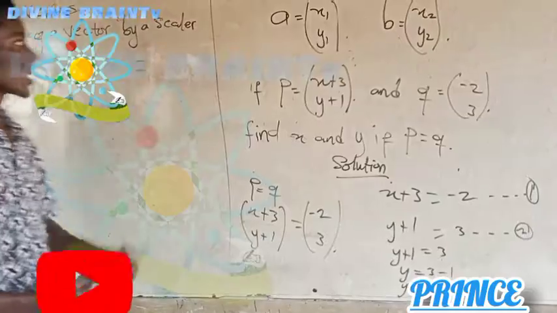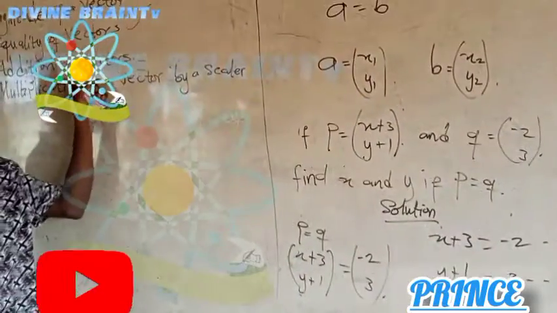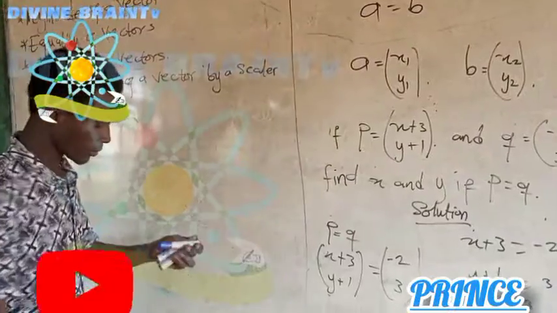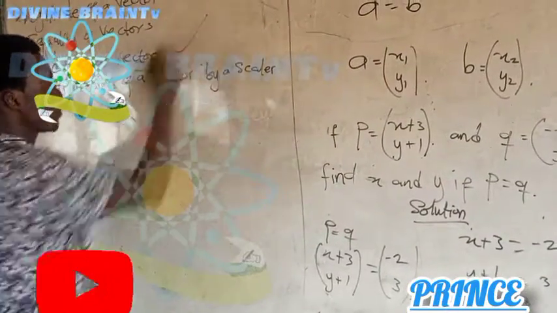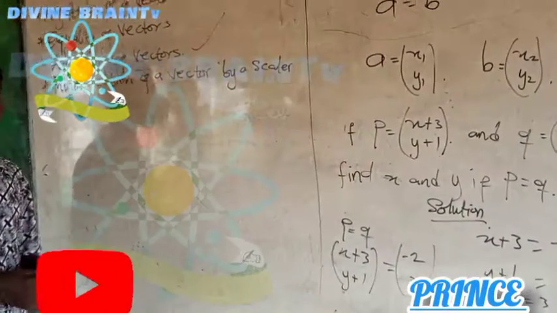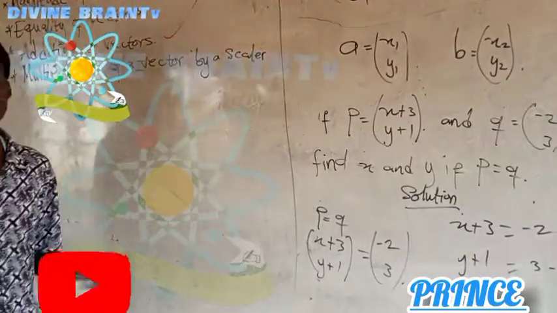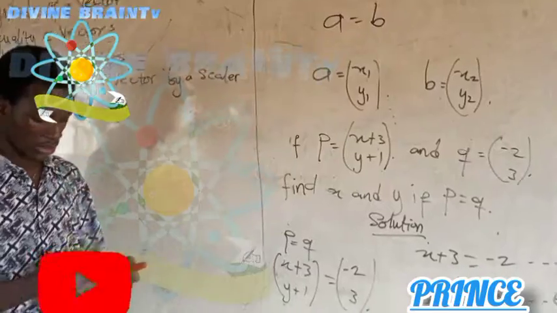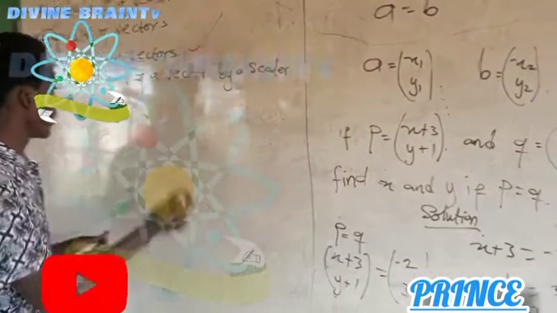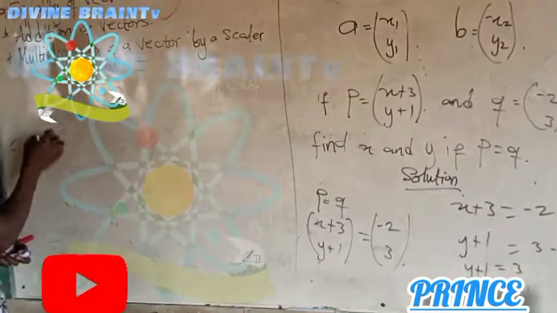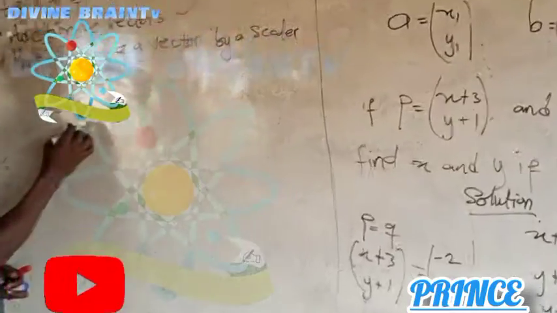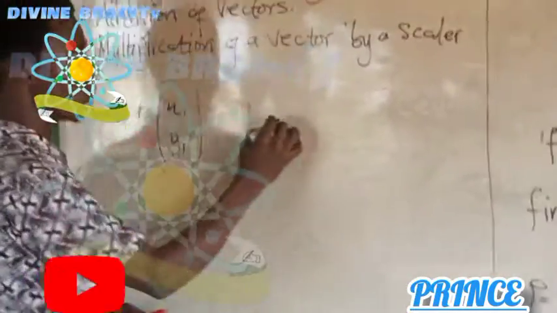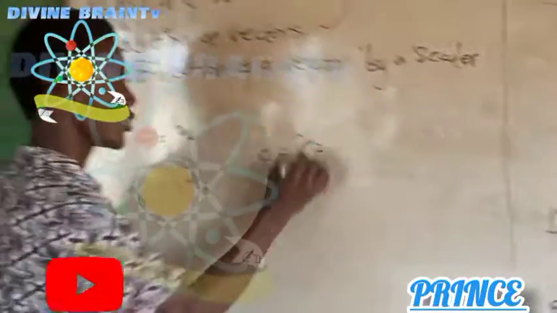Alright, so let's come to the next one, addition of vectors. Addition of vectors is also simple. It's like you have two vectors and you try to add them. It means that we have vector A equal to (x1, y1) and vector B equal to (x2, y2).